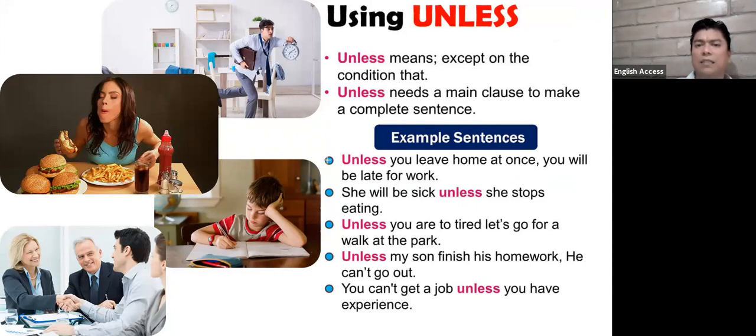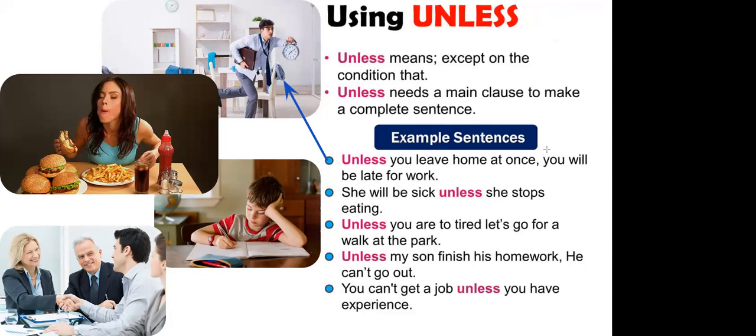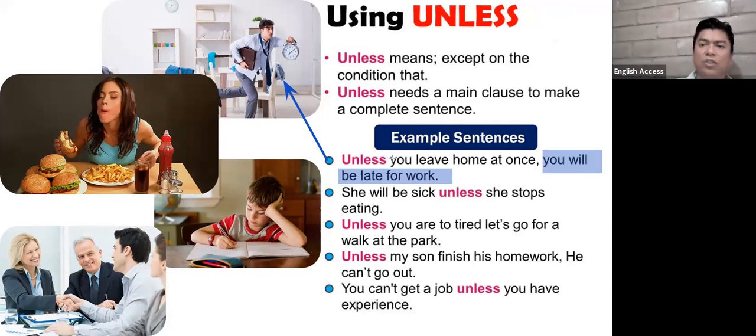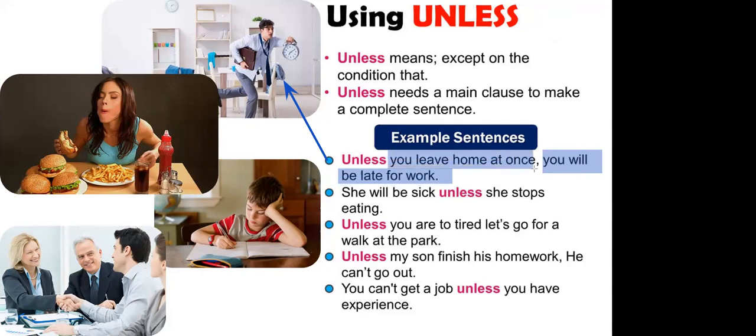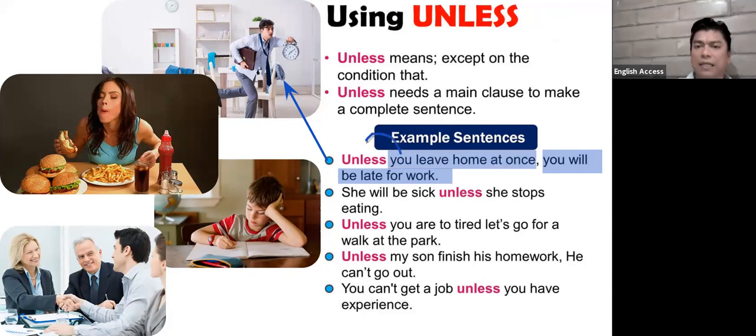So the person is going to be late for work, and if you want to change the result, you need the condition, leave home at once. That's setting the condition.